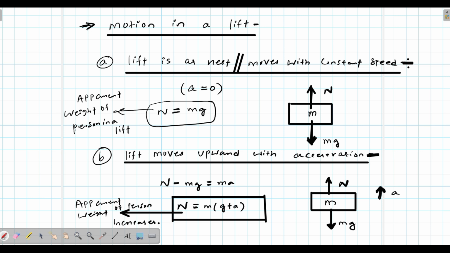So that is related to motion in a lift moving upward with acceleration. Next is lift moves downward with acceleration.